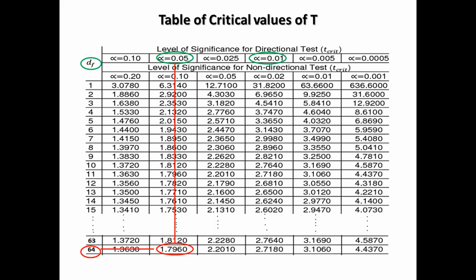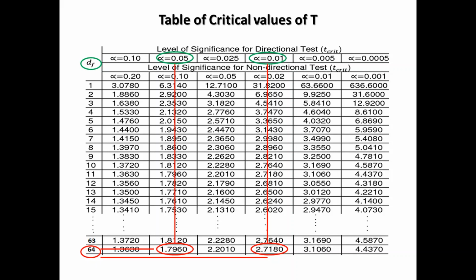Let's find the other value of t, or tabulated value. Okay, perfect. It's 2.70180. So at the level of significance alpha 0.05 and the degree of freedom 64, the tabulated value is 1.79.